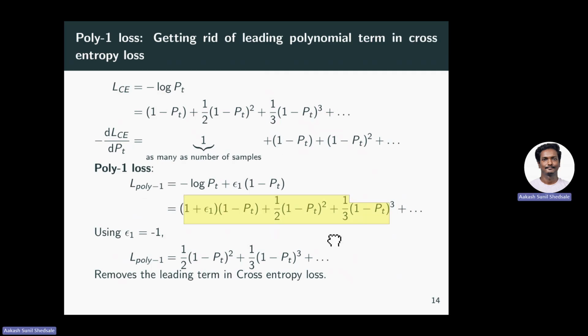And if we put epsilon 1 equal to -1 in this term, then we remove the leading polynomial term in the cross entropy loss. As a result, we can get rid of this constant from the cross entropy loss. So this is how it can help in reducing class imbalance.